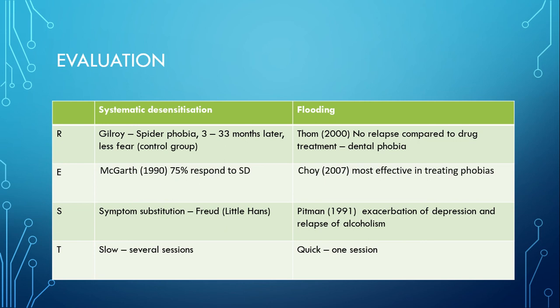So nobody from the flooding condition displayed any continuing symptoms. However, the drug treatment condition did show continuing symptoms of dentist phobia. So there was no relapse rate in the flooding scenario, but there was in the drug scenario.